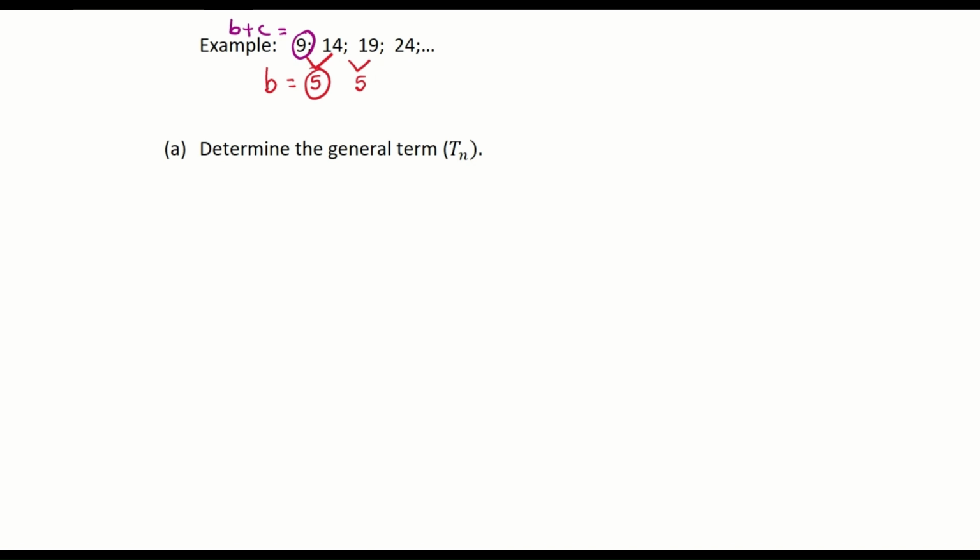Now that we've got this information, we can go ahead and work out the rule. So I'm going to firstly write B is equal to 5 to remind me of that, and B plus C is equal to 9. Now remember, the general term is in the form Tn is equal to Bn plus C.